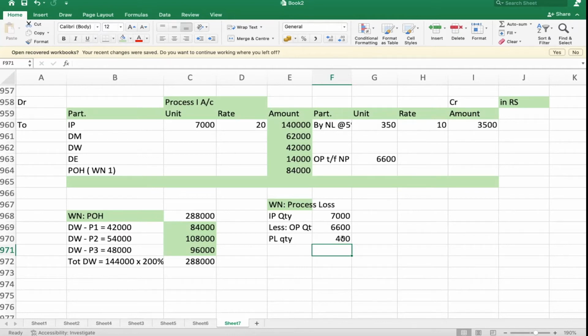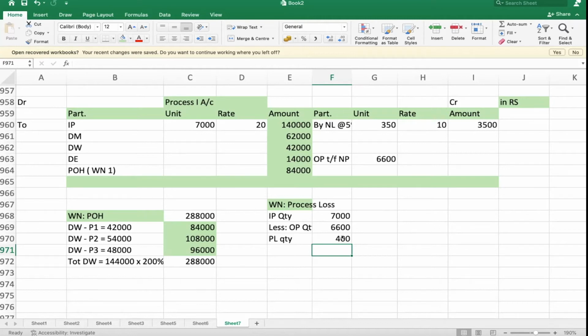It may be units or 400 kg. I gave 7,000 quantity input, but I got 6,600 as output, so because of this process I lost 400 quantity. Loss happened in this process, that's why it's called process loss.